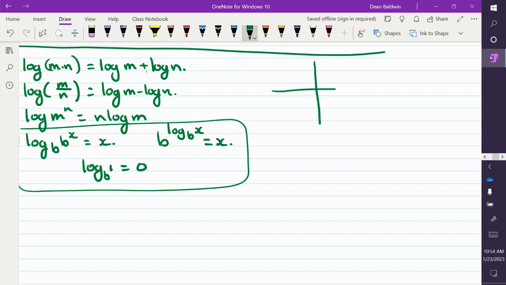Log and exponential, right? We'll do exponential first. So y is equal to b to the x. Those are exponential growth curves.